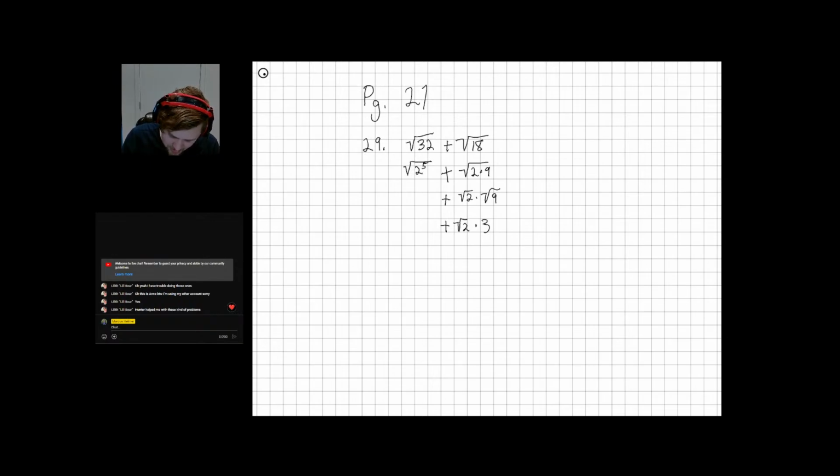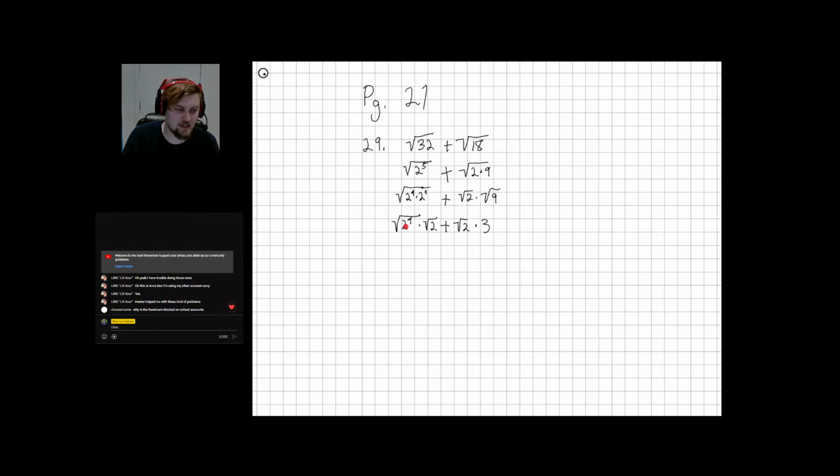And that's the same as 2 to the 4th times 2 to the 1st by the definition of the exponent. We just add exponents to multiply, because that's just 4 plus 1. So then we distribute, and we get square root of 2 to the 4 times the square root of 2.